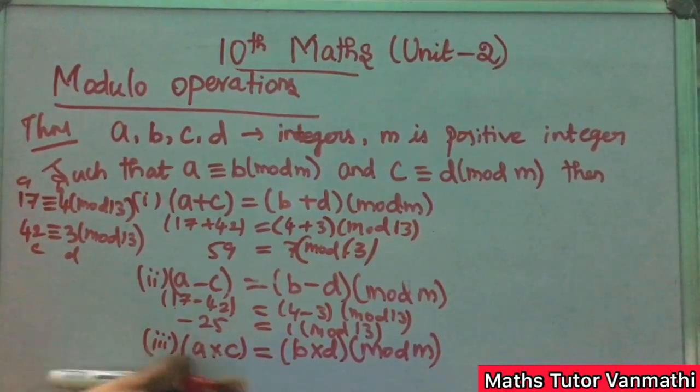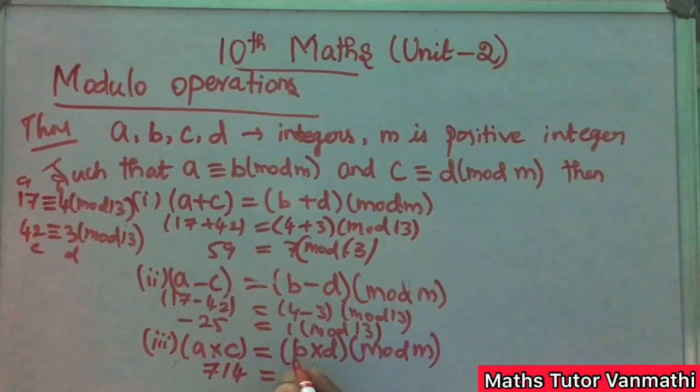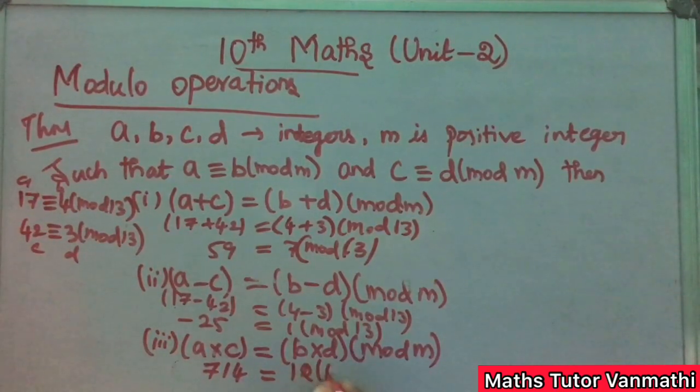I'll write it directly. 714 which is equal to b into d. 4 3s are 12, 12 mod 13. Clear? This result is used in one problem in your example and exercise. That time you can understand clearly. Next we can move on to the problems.